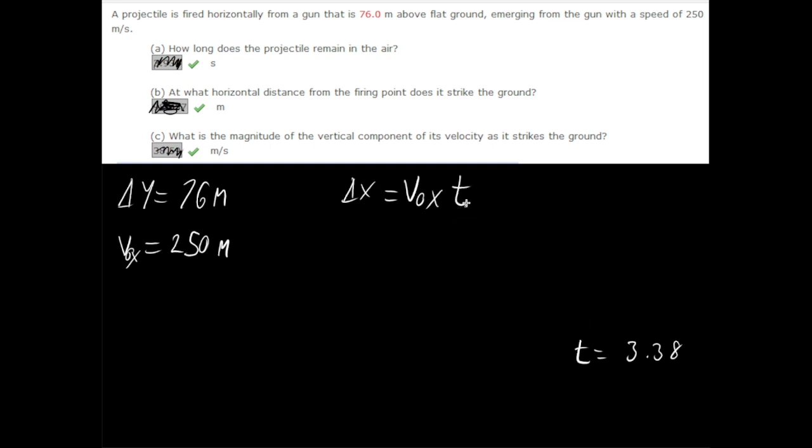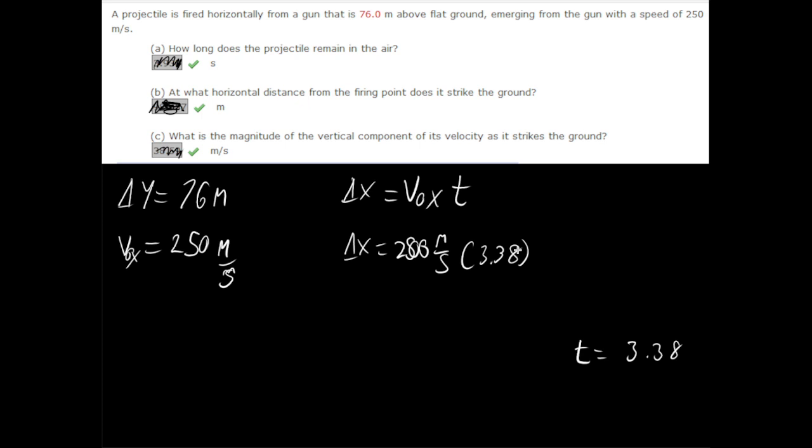And we have t equals 3.38, and we know v0x, so delta x equals 250 meters per second times 3.38.